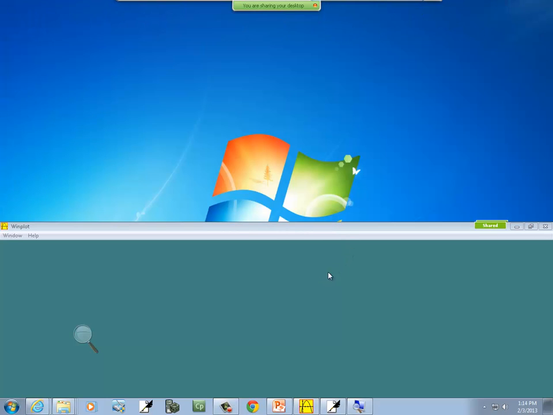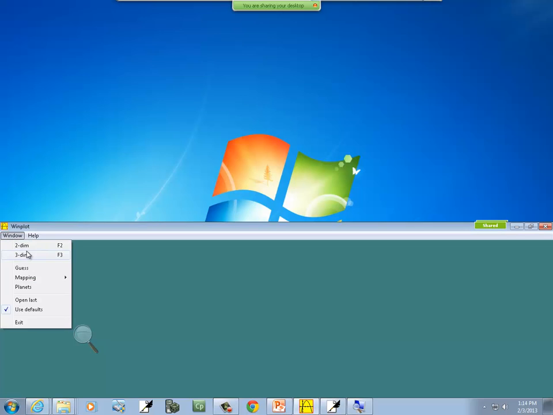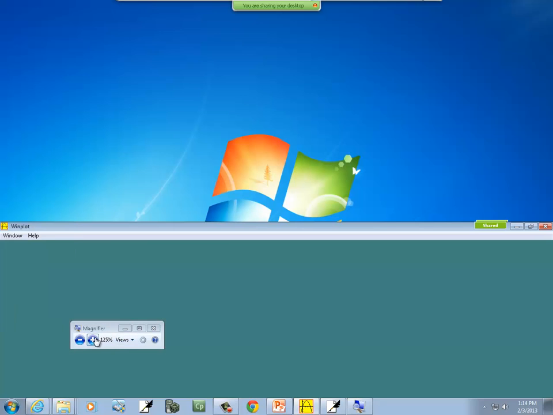Yeah, this may not come out very well. Okay. I'm choosing window, and I'm choosing 3 dimensions. Now you need to look up above. I'm trying to make that a little bit bigger so you can see it. It's still not very big though, is it? Oh, I meant that to be 200%. Okay. So go to window, and I'm going to choose 3 dimensions.